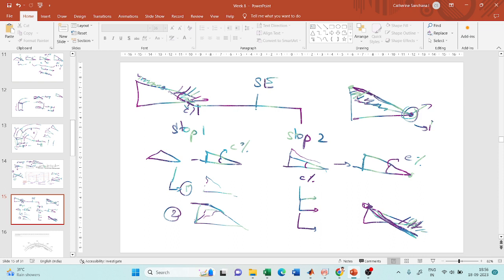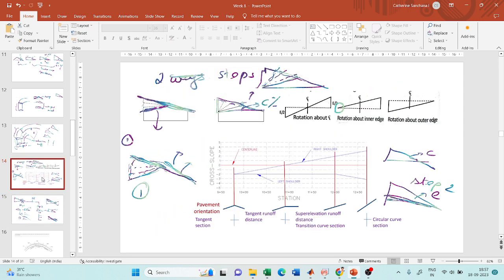So step two can be achieved in three ways: rotating about the inner edge, rotating about the outer edge, or rotating about the crown, the center line. This is what I was talking about, the three methods. These two are methods for step one, and these three other methods are for step two.